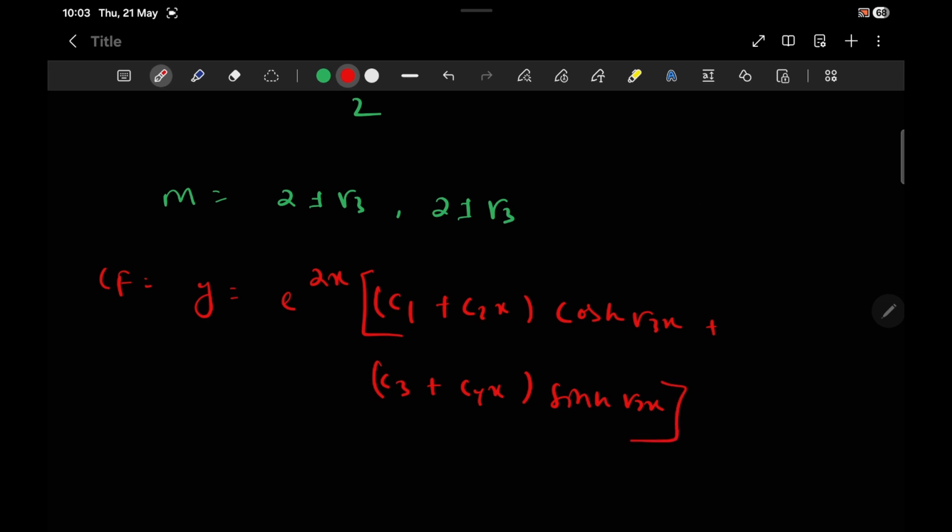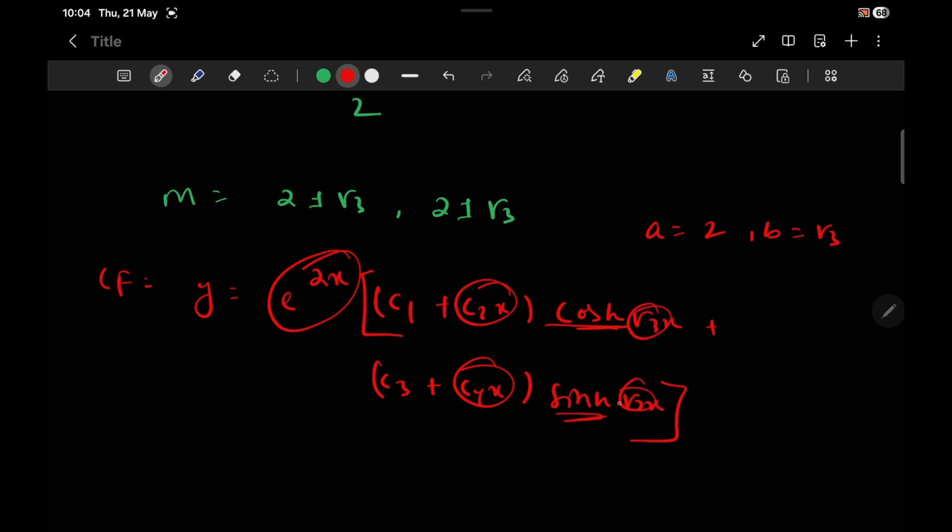Here a is 2 and b is root 3, so e to the power 2x, and for repetition we have c2x, c4x, and for our irrational roots we have hyperbolic functions. Right? So all 6 cases are done.